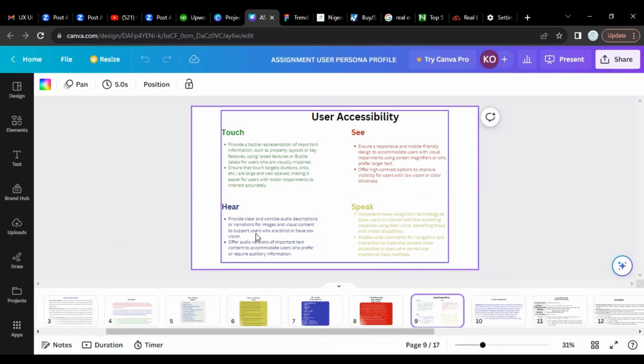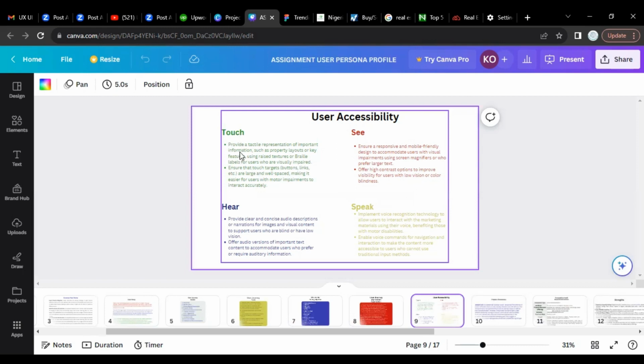Now on the accessibility side of it, for touch, I mean this is for people that might have some kind of disability, differently abled.